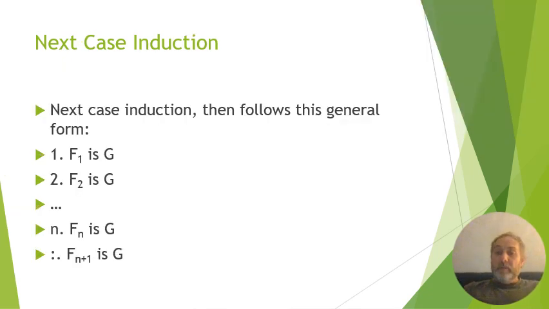Here's the general form of next case induction. These F's and G's basically mean, F1 is like crow one that I observe, and I notice it's G, it's black. Or I might notice the mail carrier arriving. So F might be a thing, it might be an event: mail carrier arriving the first time, 11 a.m.; mail carrier arriving the second time, 11 a.m.; crow two, black; and on.